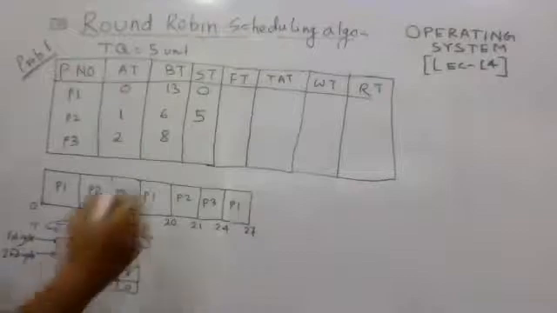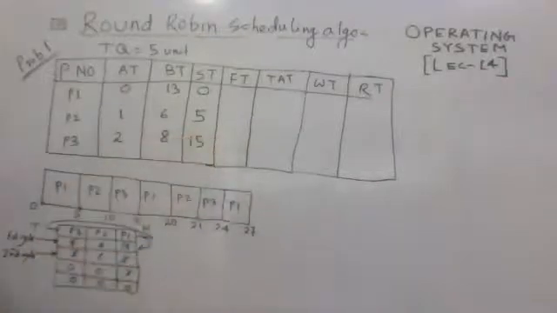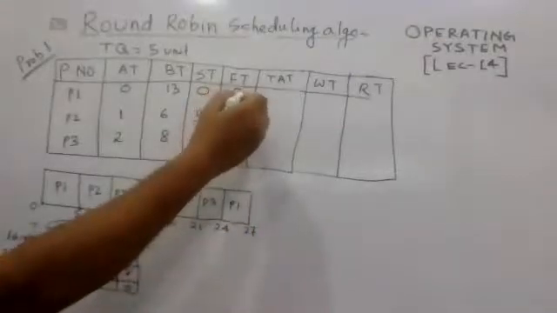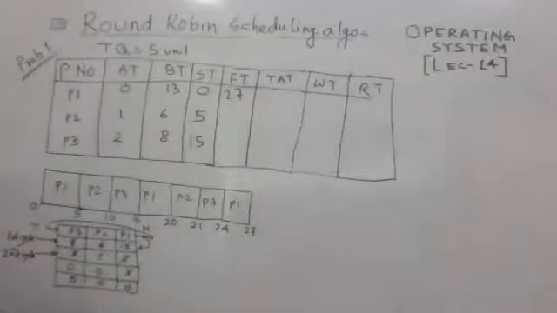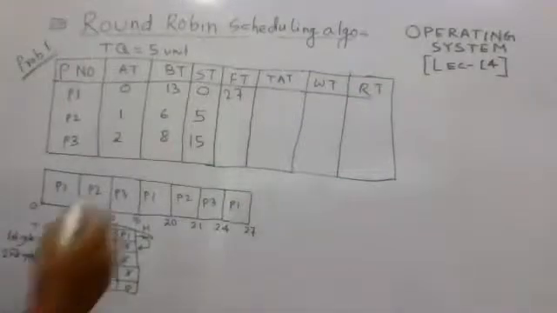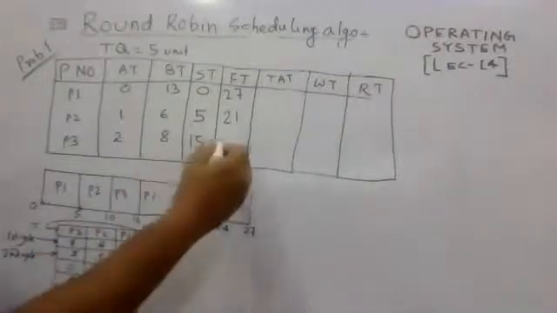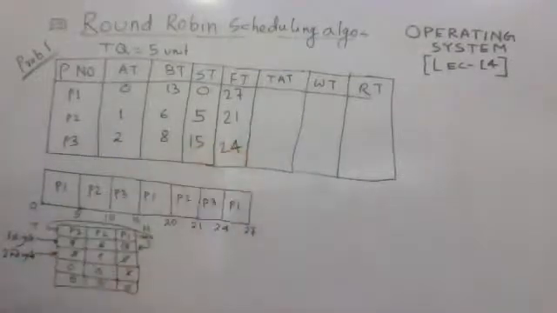For P3 it is 10. Actually, starting time here means the first starting time. Finished time for P1 is 27. For P2 it is 21. For P3 it is 24.